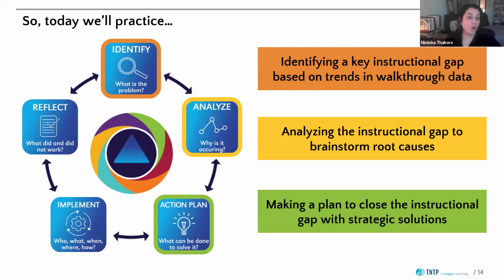So we're going to ask ourselves why. Someone earlier said, just keep asking why. We're going to do a lot of that today. And then finally, making a plan to close the school-wide instructional gap with strategic solutions. So in doing this, we're going to hit the first 3 steps of this data-based decision-making process from the NEMTSS framework.